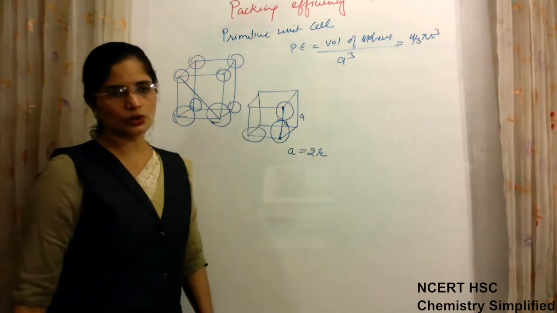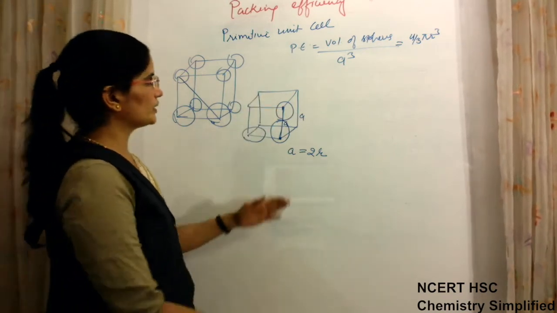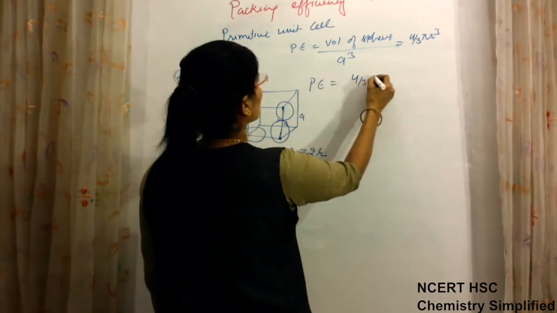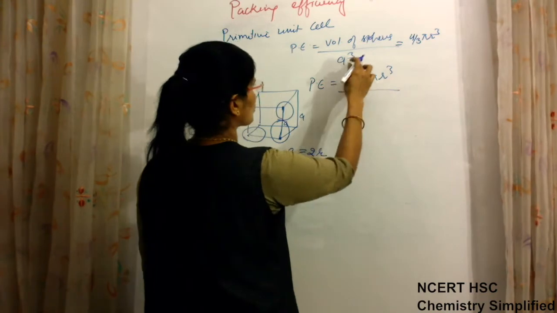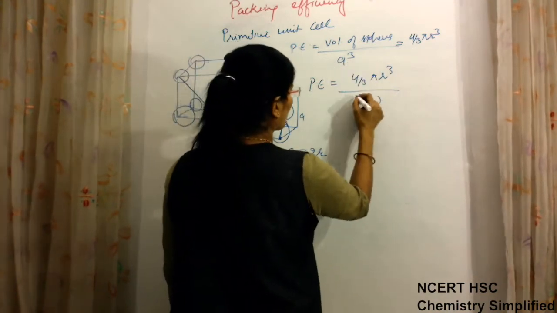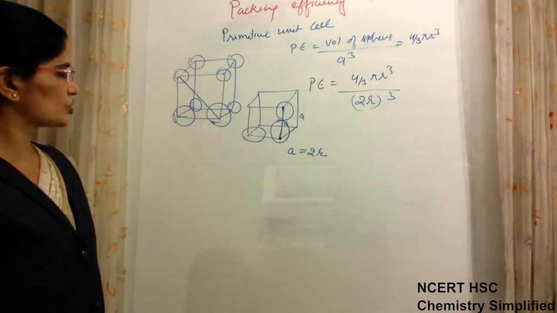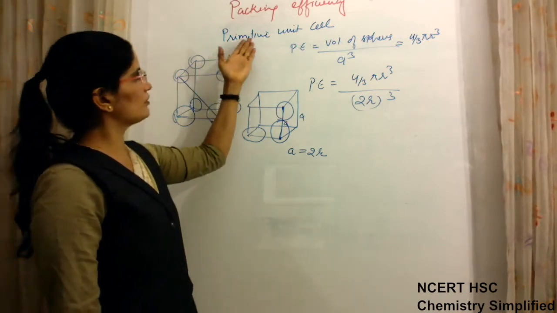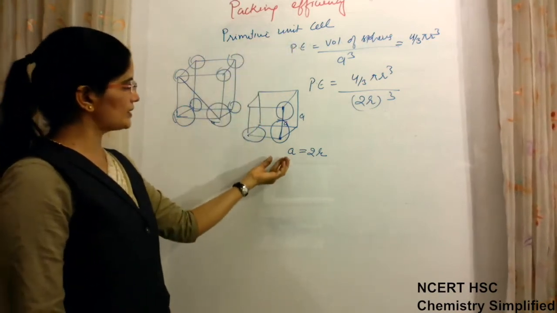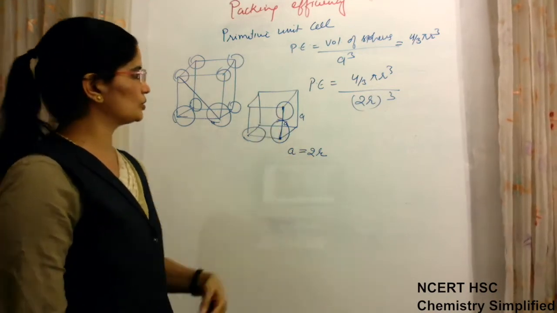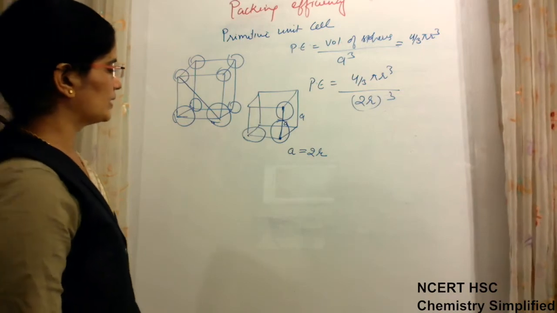So a is equal to 2r simply. So we can put here in packing efficiency 4/3 pi r cube, and in place of a cube we will write 2r whole cube. So in this case, for the primitive unit cell, derivation is not required, simply because there is no particle in between. So a is equal to 2r we have directly written.